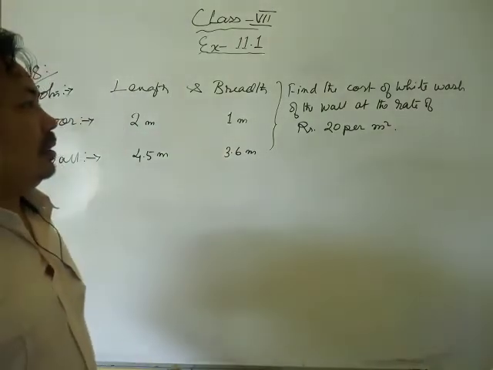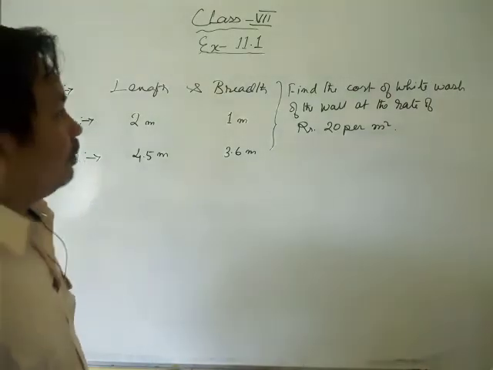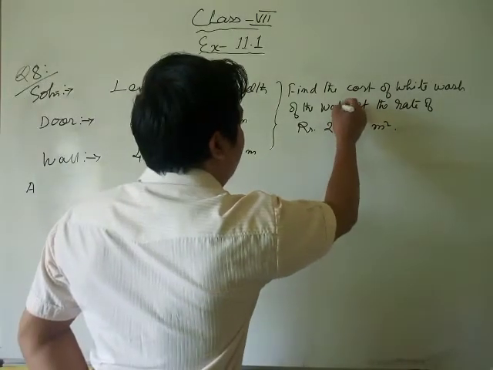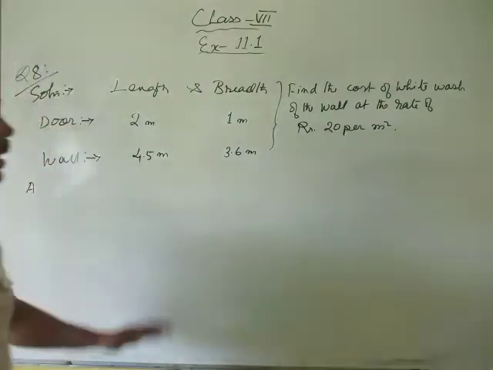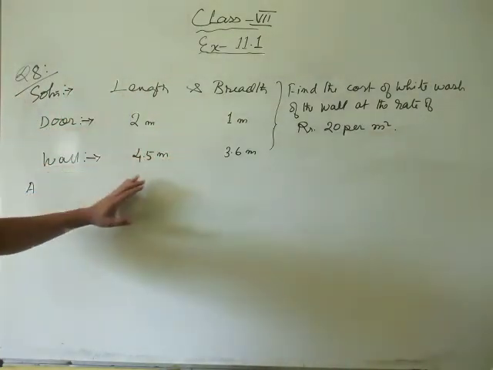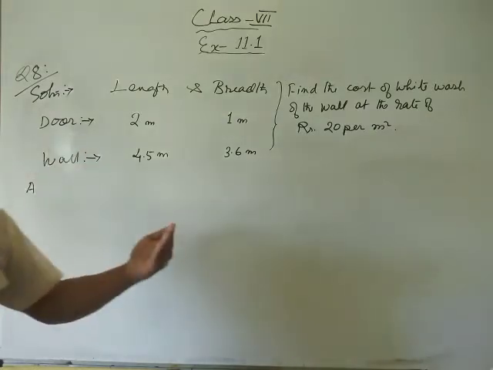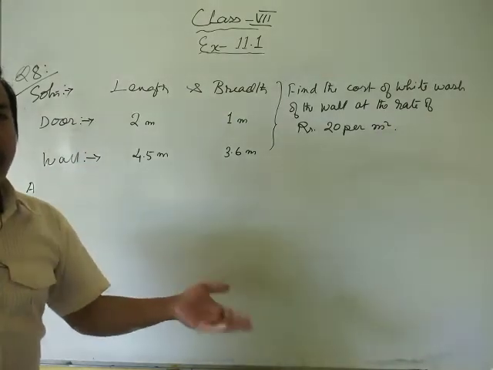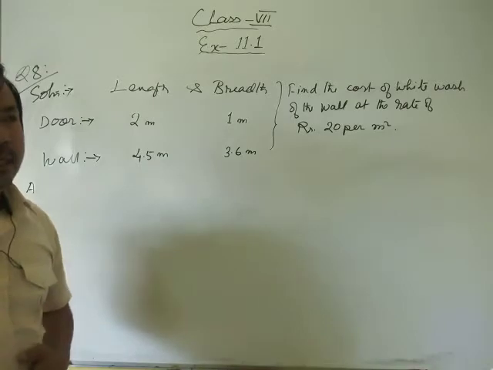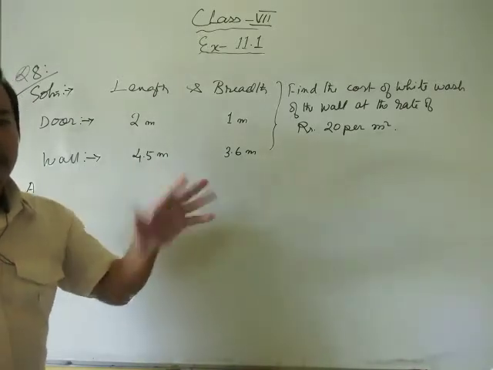Here we are going to do some more things. It is about the dimensions of a room. For example, in a room you know that a door is there, isn't it? And 4 walls are there. So no need for the other walls, forget about it.